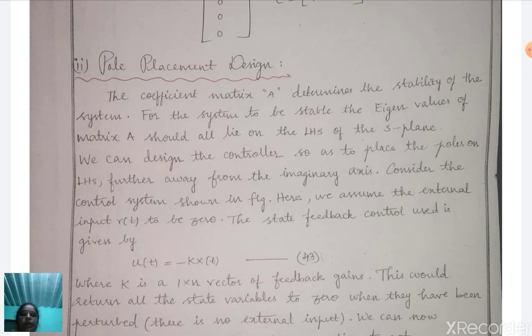The state feedback control used is given by u of t is equal to minus K x of t, where K is a 1 into n vector of feedback gain.